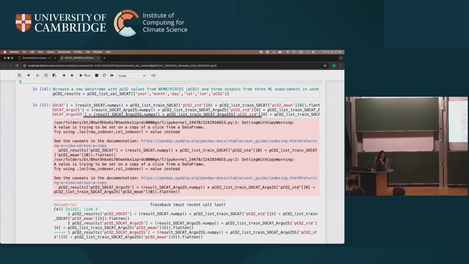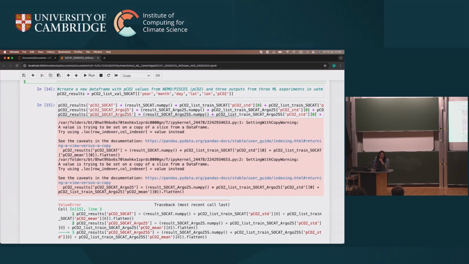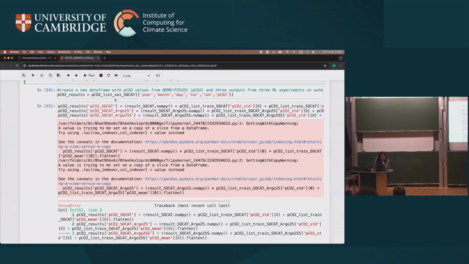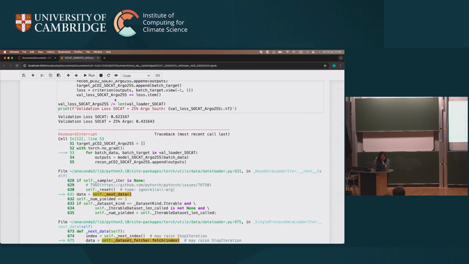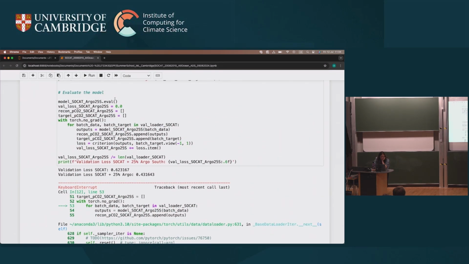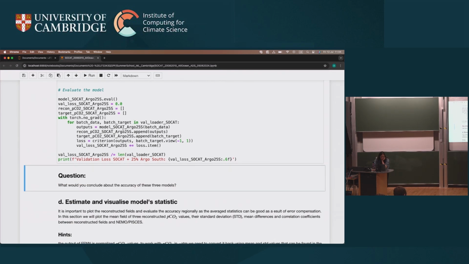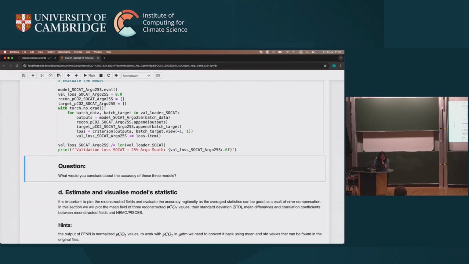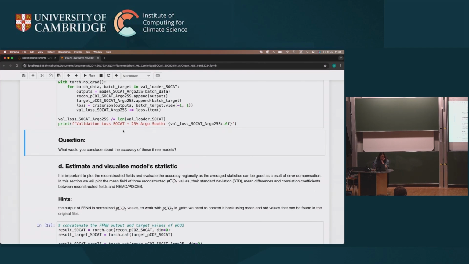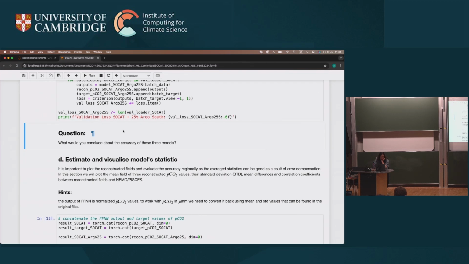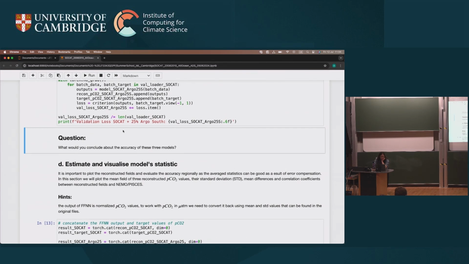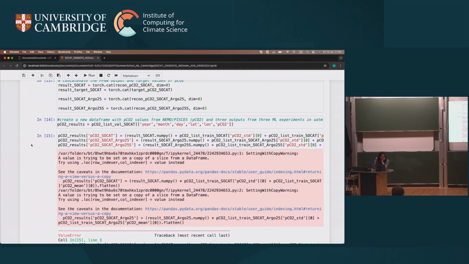I needed to finish it. I forgot that this is the target data, so I didn't download it. So we just need it.